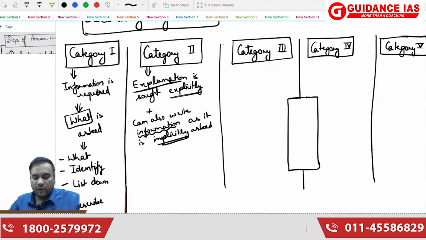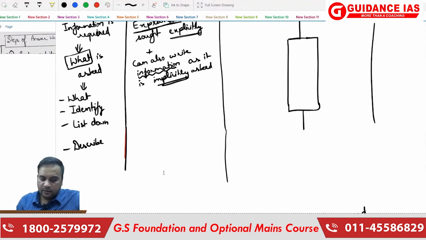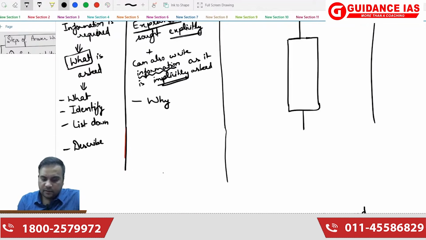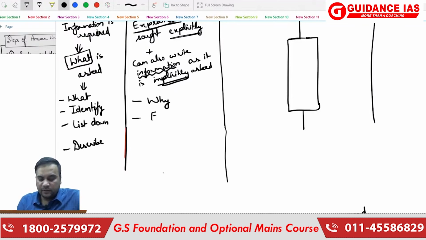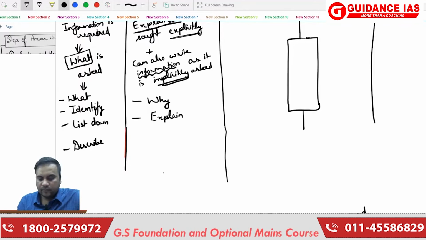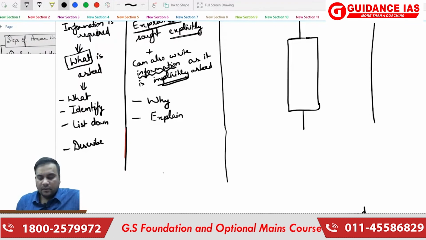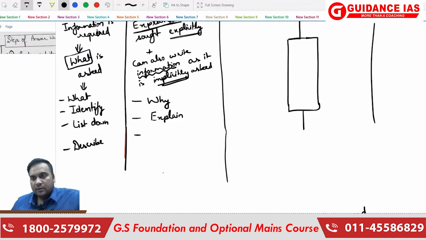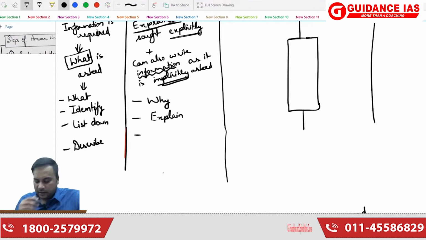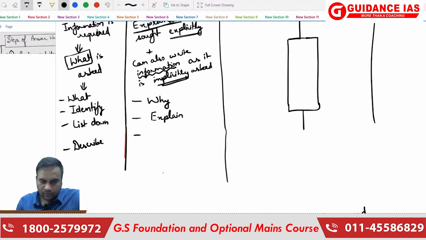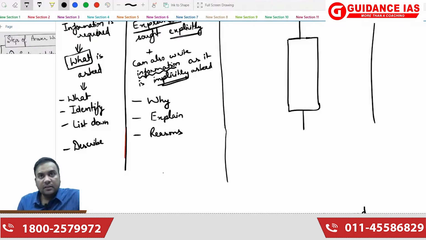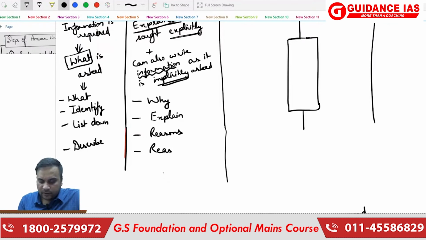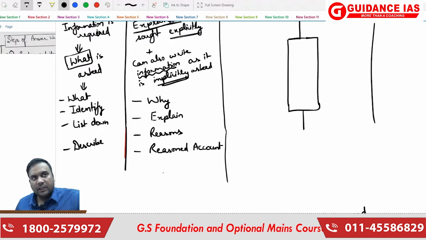A number of types of keywords would fall in this category, like why, which is clearly one such keyword. Explain. Okay, explain. There can be others like reasons, provide reasons, or a reasoned account of something.